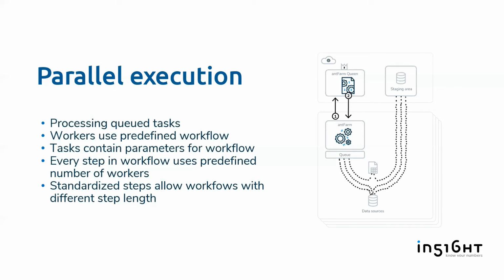Every step in this workflow is predefined with a number of workers. That means that we can export the data out of the source with 60 workers, so that we can get data out of the source as fast as possible.